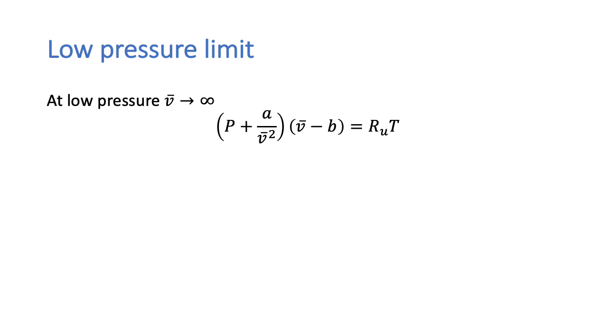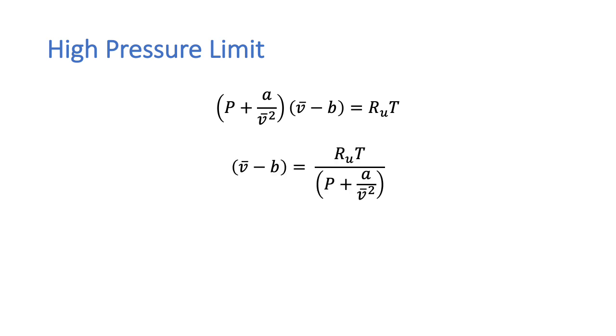If we now substitute this into the van der Waals equation, then the term a upon V bar squared goes to 0. Also, if V bar is very large, then V bar is much greater than b, and we can neglect b. We then have the ideal gas equation: PV is equal to RuT.